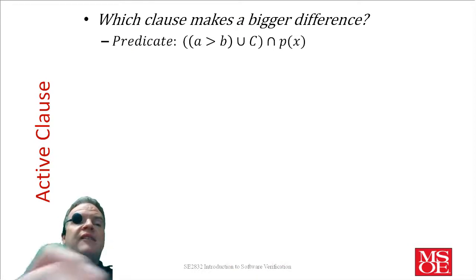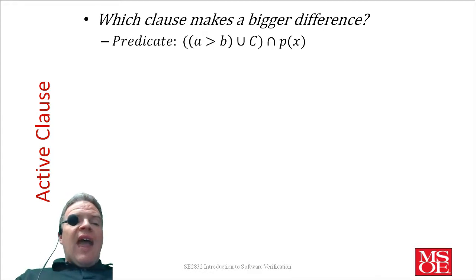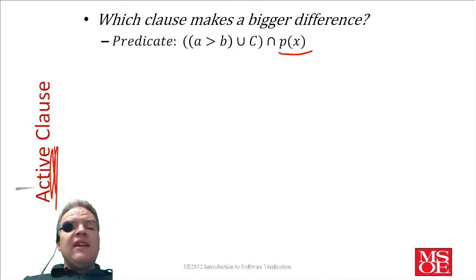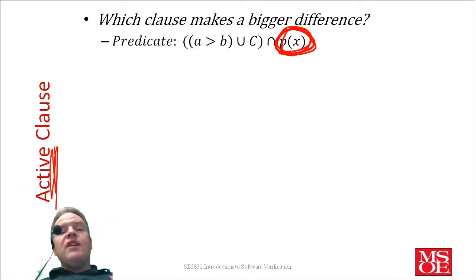That leads to the concept of active clause. I could see that P sub x was more important in the overall assessment of the system's behavior. The other clauses, while they certainly did impact the behavior, P of x really makes a difference.